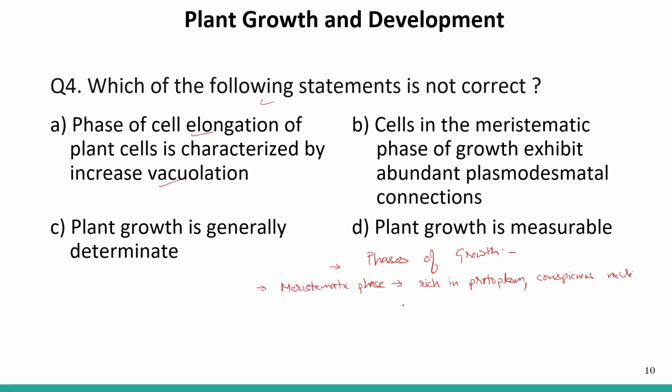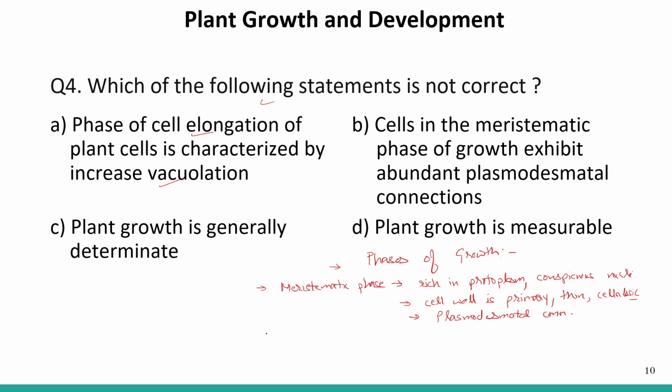And if we talk about the cell wall, it is primary, thin and cellulosic. Alright, and there are a lot of plasmodesmatal connections known as cytoplasmic bridges.